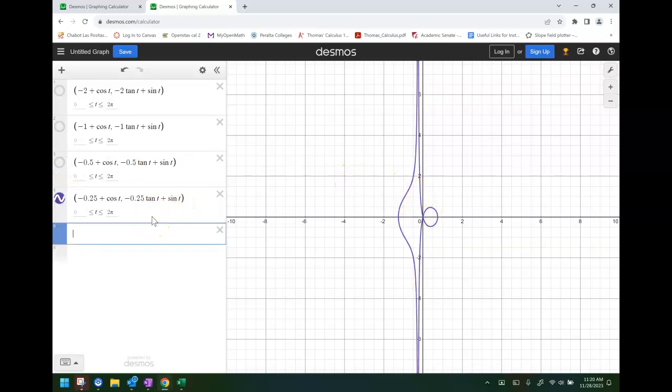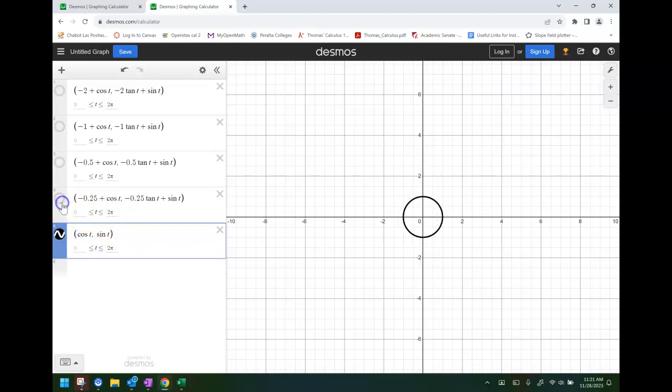So what happens when a equals 0? When a equals 0, the first term here is 0, so we have a unit circle.